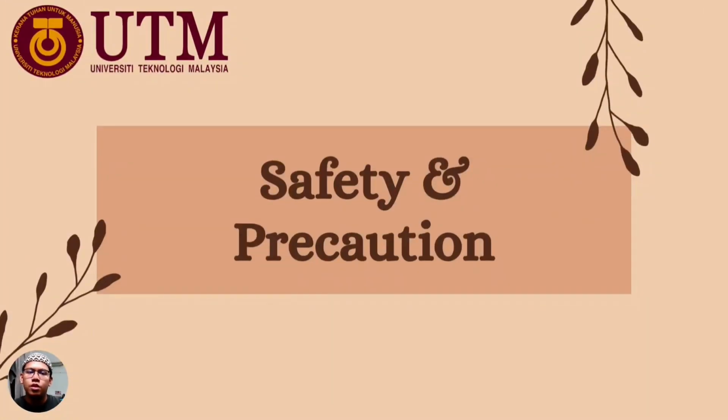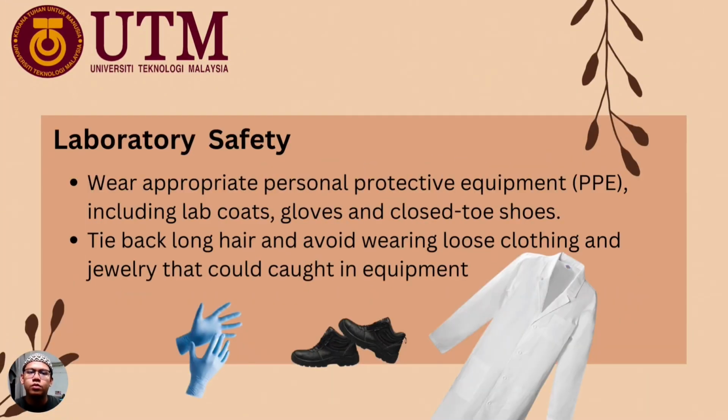For the safety and precaution, for laboratory safety, wear appropriate personal protective equipment, including lab coats, gloves, and closed-toe shoes. Tie back long hair and avoid wearing loose clothing and jewelry that could get caught in equipment.